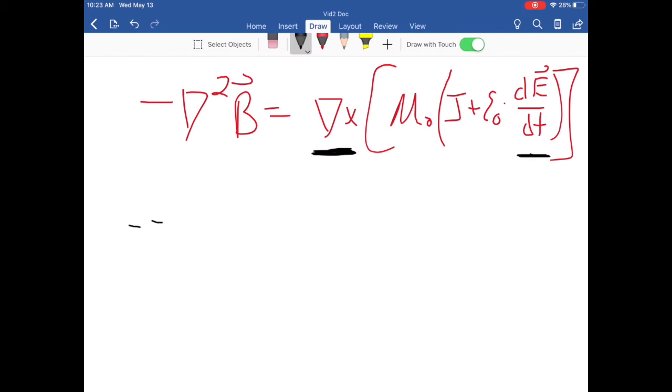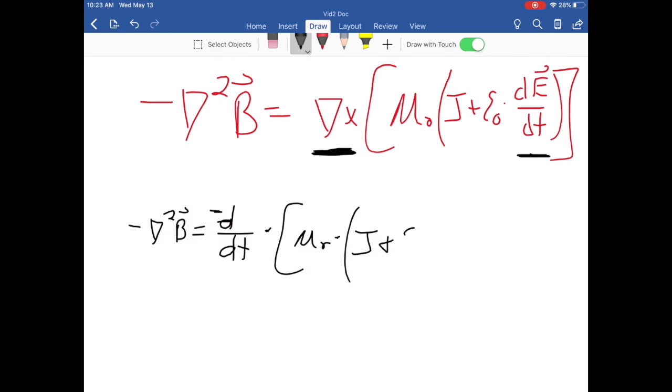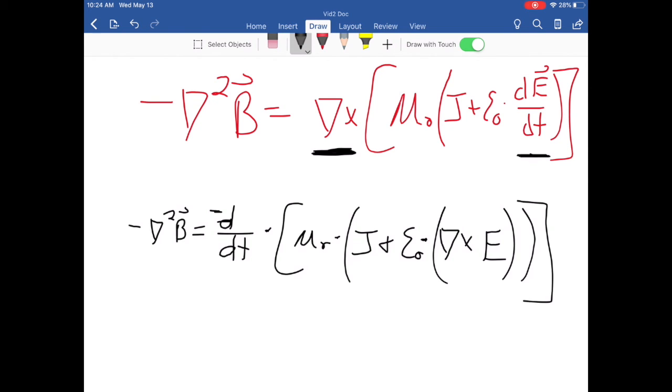So we have the minus del squared B is equal to the negative derivative with respect to time times the quantity of mu naught times the quantity J plus epsilon naught times del cross E. And we can go ahead and put that in a set of parentheses. We'll close this set of parentheses, and then finally the brackets.